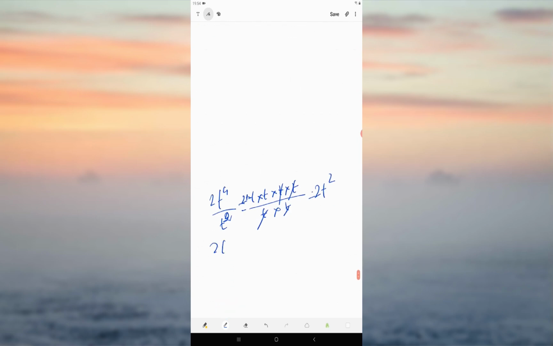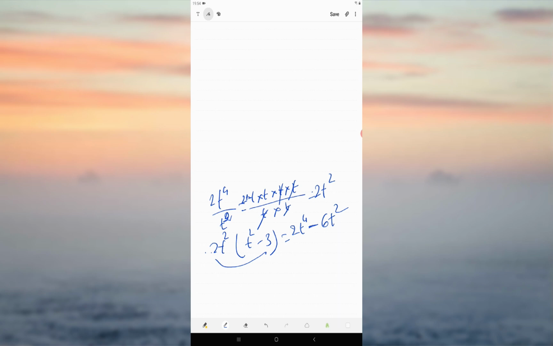So 2t square we will multiply with t square minus 3. So what we will get? 2t square into t square is 2t to the power 4, and then plus into minus is minus, of course, then 2 into 3 is 6t square. The numbers will be multiplied and t square will be as it is.